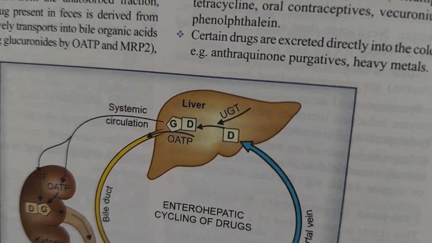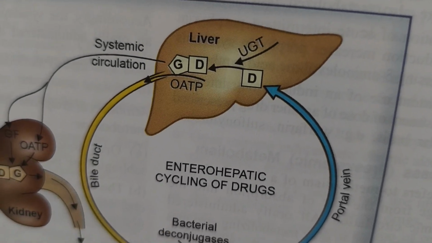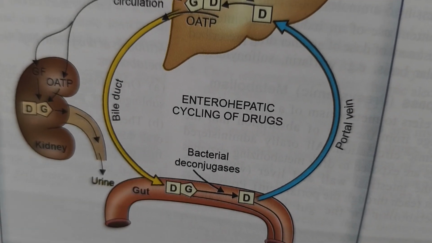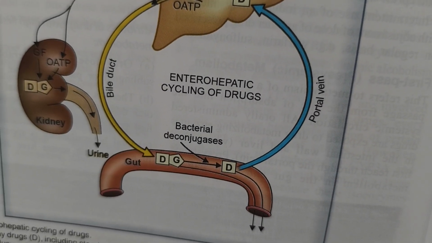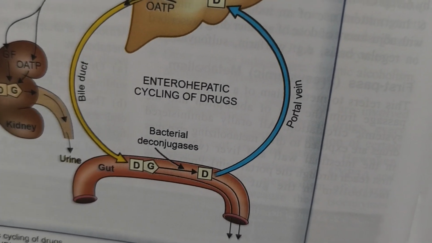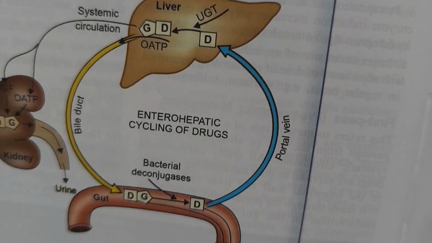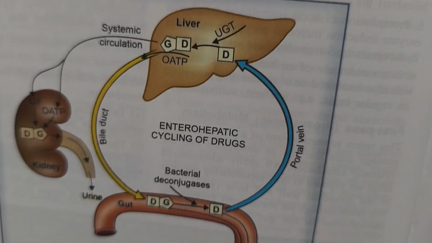In the liver, the drug D is glucuronidated, leading to G. Then it enters the intestine via the bile duct, where the bacteria deconjugate the drug, and the drug is returned back to the liver via portal circulation, and the conjugated compound is excreted.